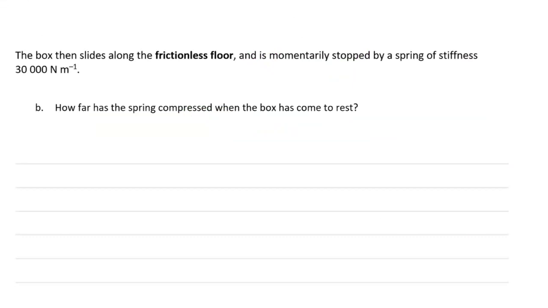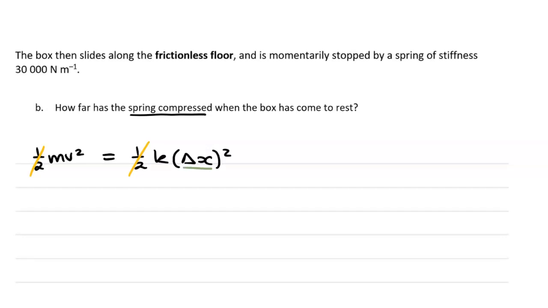So we need to figure out how far the spring is compressed. And like I mentioned, we've got that kinetic energy, half mv squared, being converted fully to the spring potential energy. You could write 0.2 and 0.3 if you wanted to label the points here. Let's get rid of those halves. We are interested in how far the spring is compressed. So that means we want to find delta x. So to be able to find that, we need to divide both sides by k.